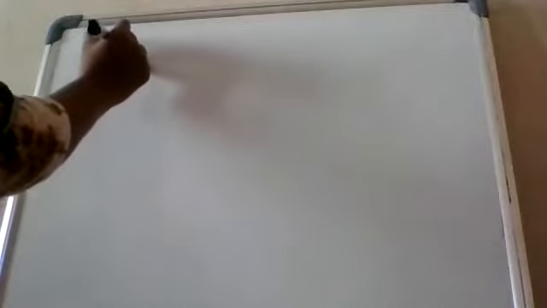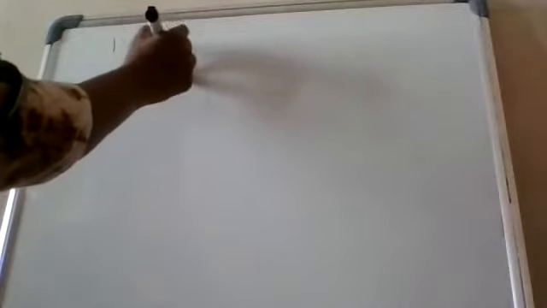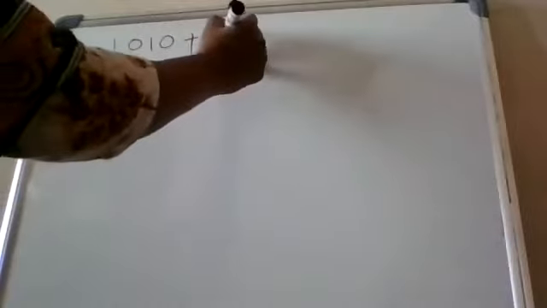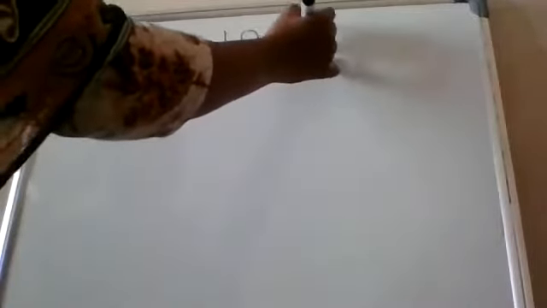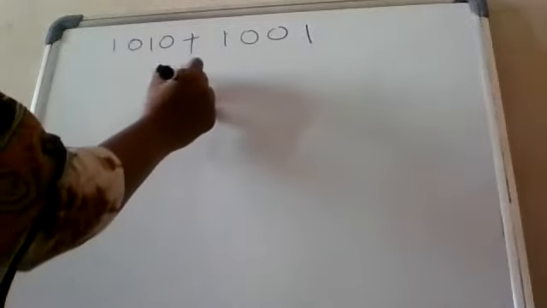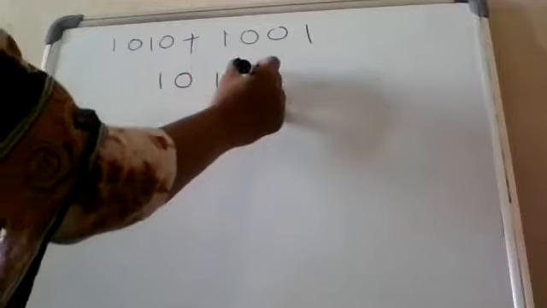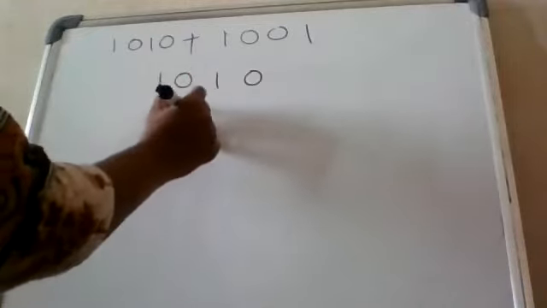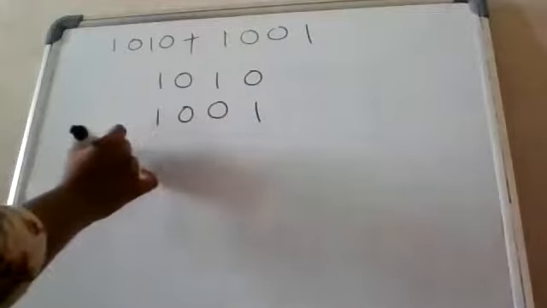Examples. 1010 plus 1001. Write the given values, 1 0 1 0 and 1 0 0 1.